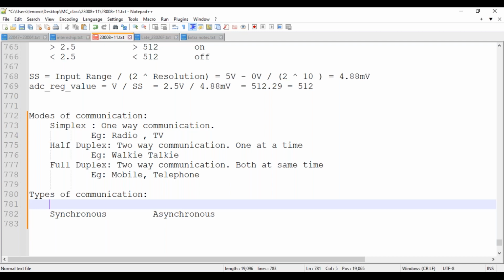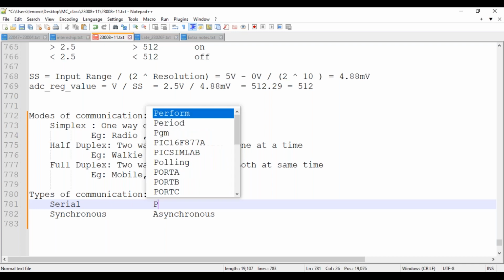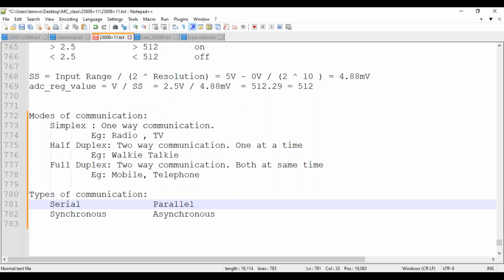Any other types of communication you have known? Guys, do you know any other types apart from synchronous and asynchronous? Have you heard of serial and parallel communication? Serial and parallel communication. Okay.